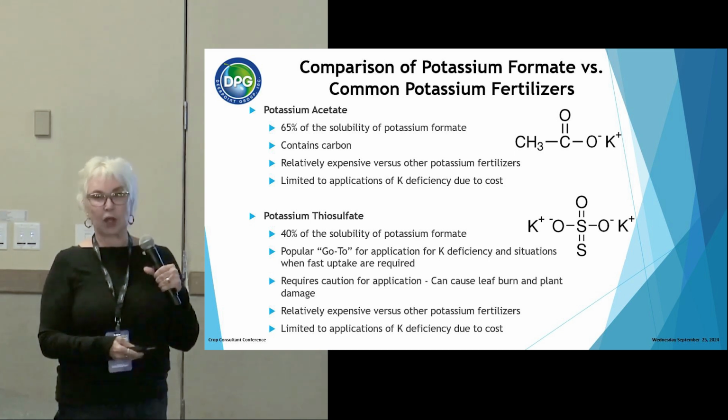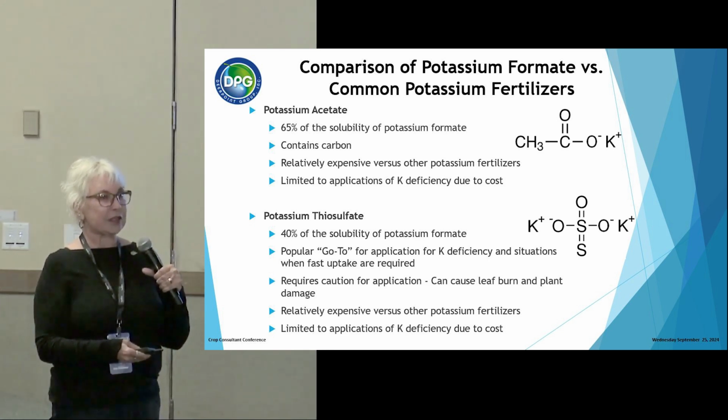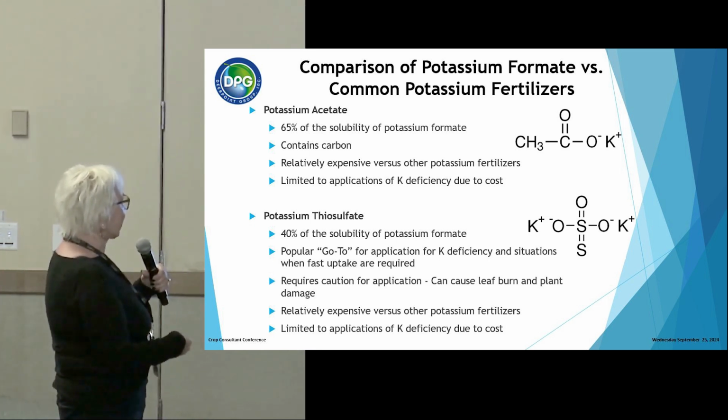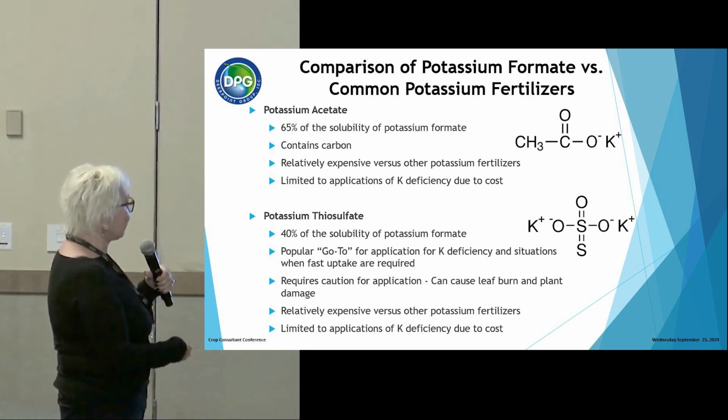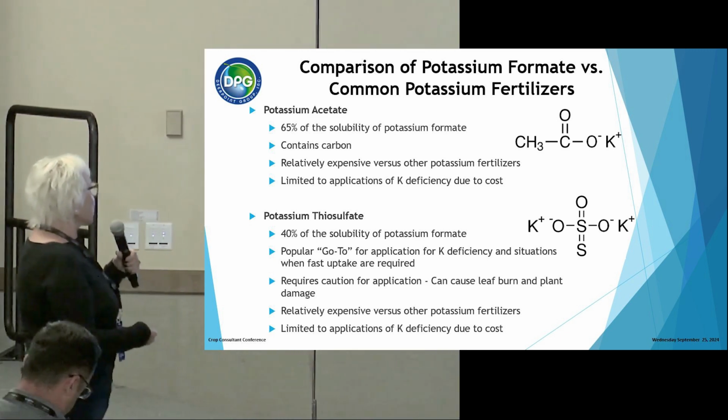So if you're coming up on nut fill on your almonds and you see you have a tissue deficiency of potassium, then you may add a potassium acetate, or for that matter, also a potassium thiosulfate.